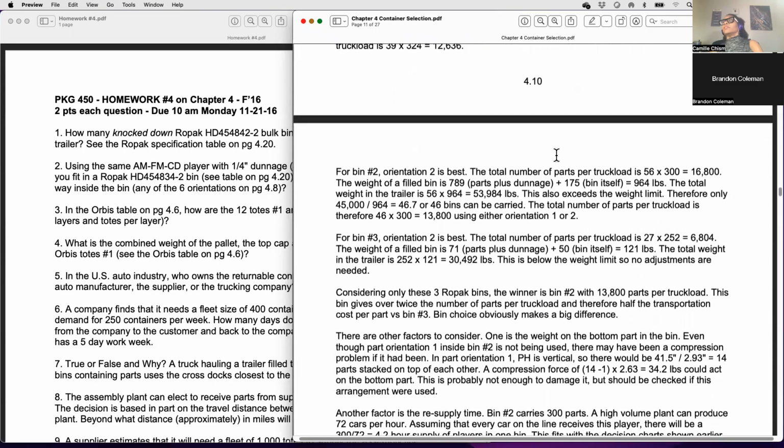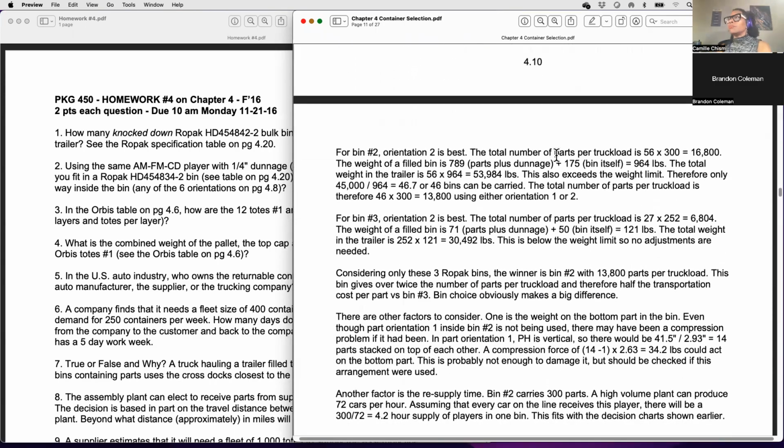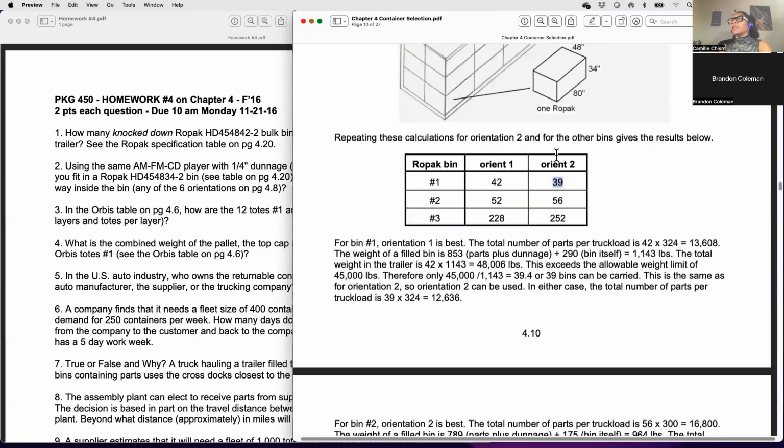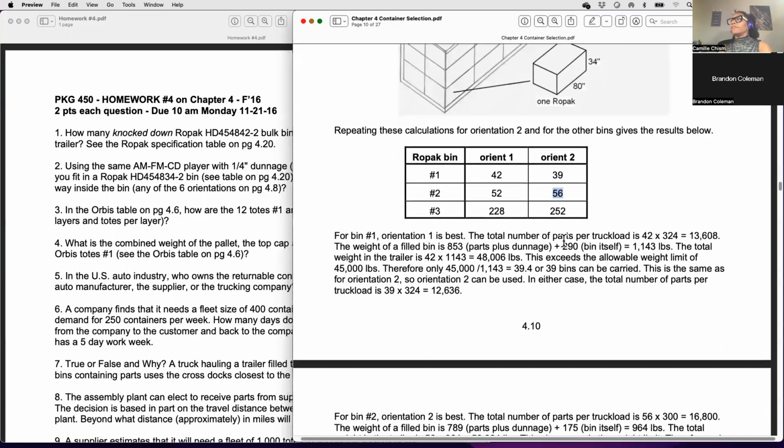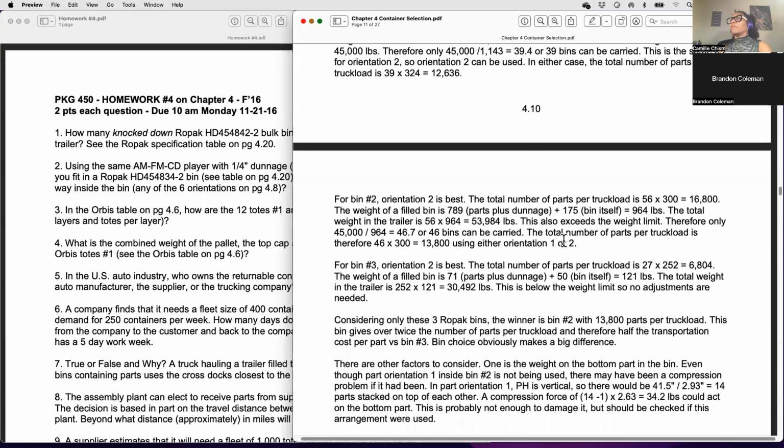Okay. So then they do the same thing for bin 2. Orientation 2 was the best for 56. They calculated parts per trailer. They knew the weight of the bin, and it comes out to 964 pounds. This one is now 53,000 pounds, just under 54,000 pounds.